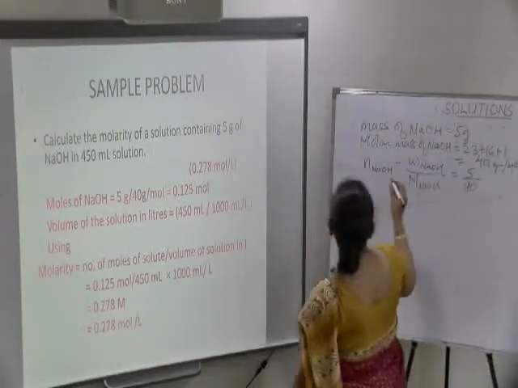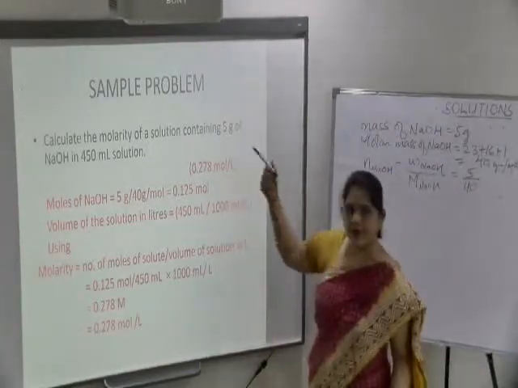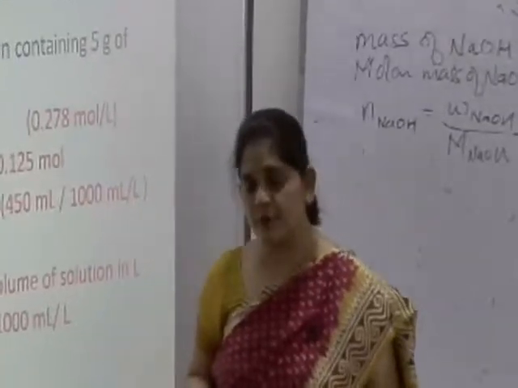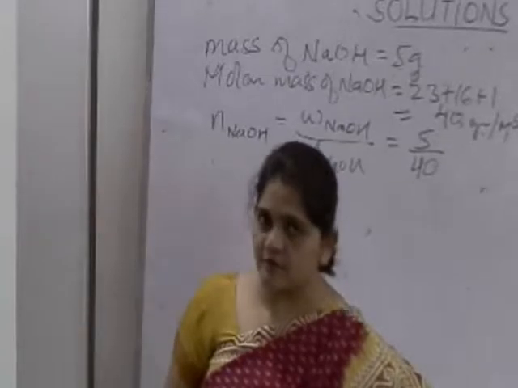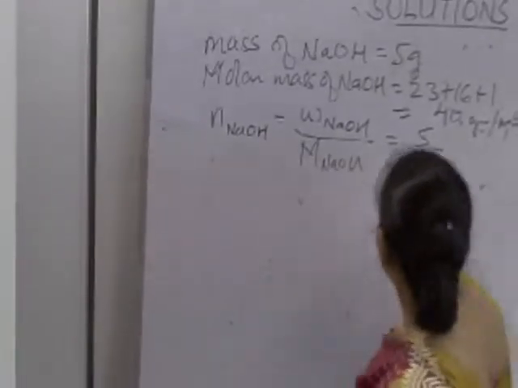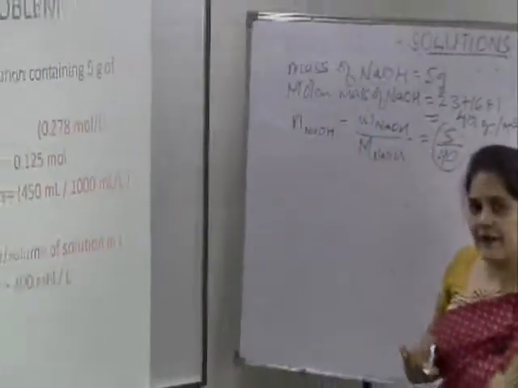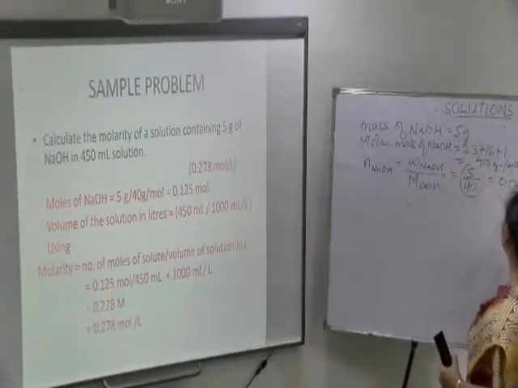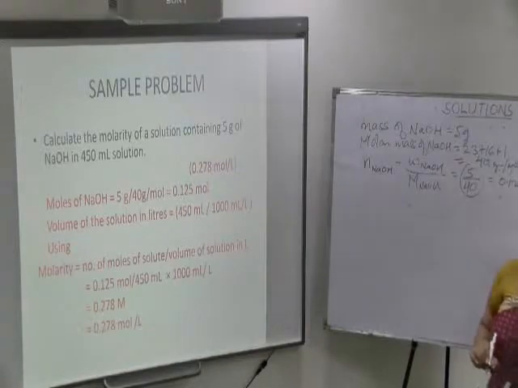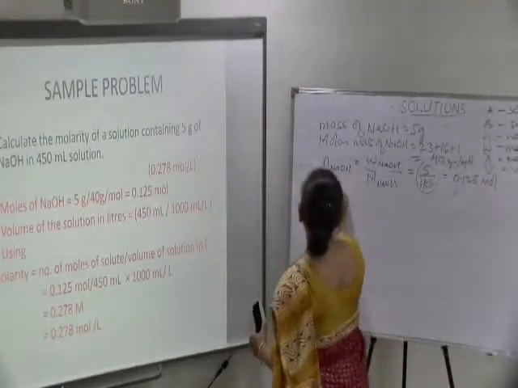Now, you have already calculated the number of moles. You were supposed to give the concentration in terms of molarity, which is the number of moles in a liter of solution. Number of moles you have already got, 5 upon 40, which comes out to be, if you calculate, 0.125 moles.